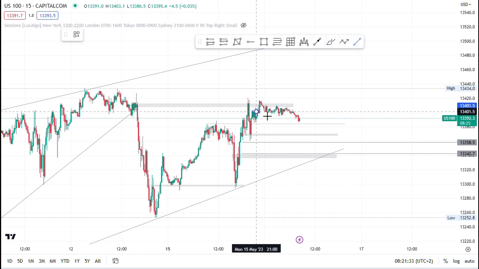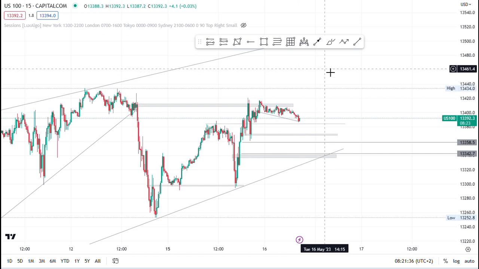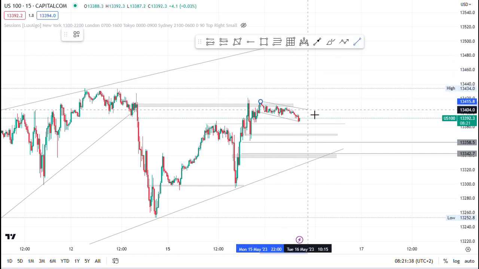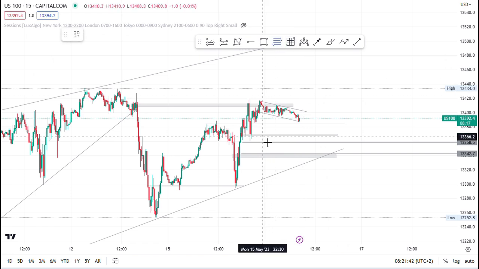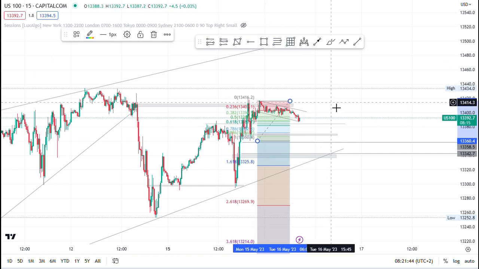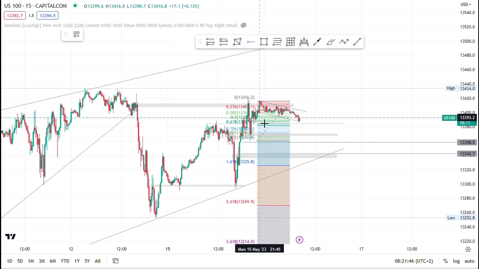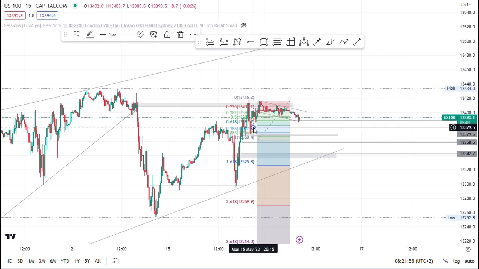a nice descending channel here. And if I pull out my Fibonacci in the 15-minute, so you could look at this as the first entry that you could take just by looking at this now. This is a first entry I could take on this particular pair.